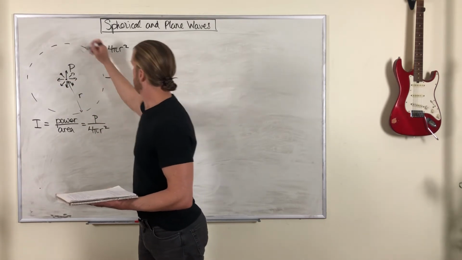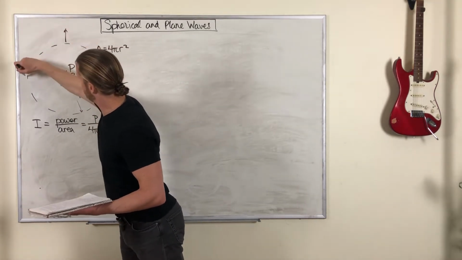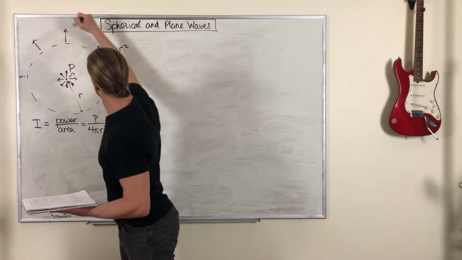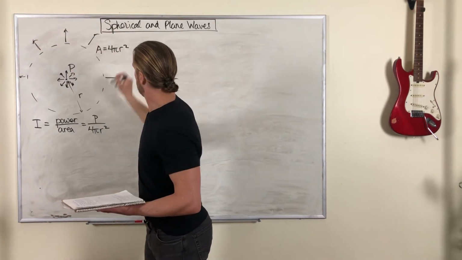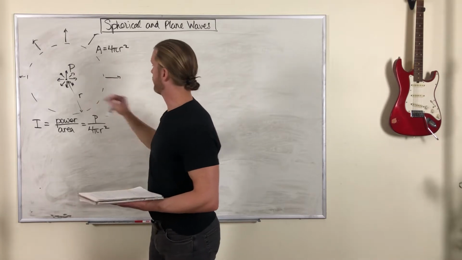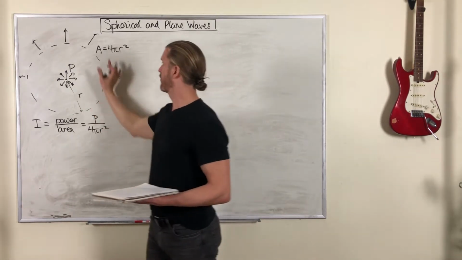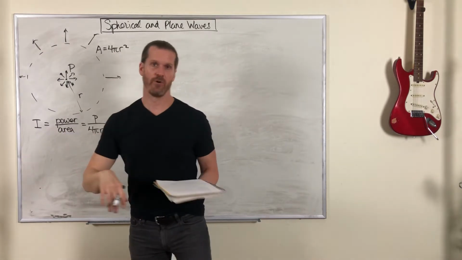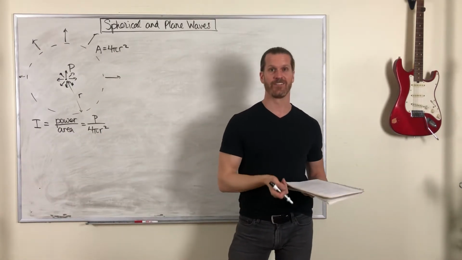And these radially outgoing sound waves, when they reach some distance r, are spread evenly over the surface of a sphere of radius r.